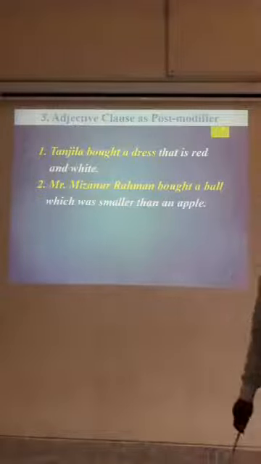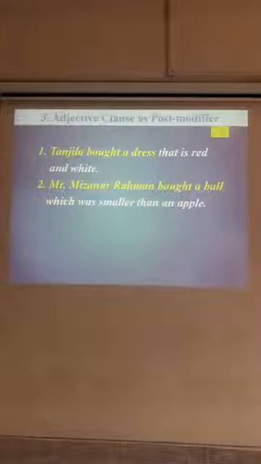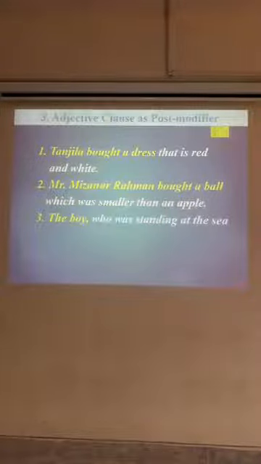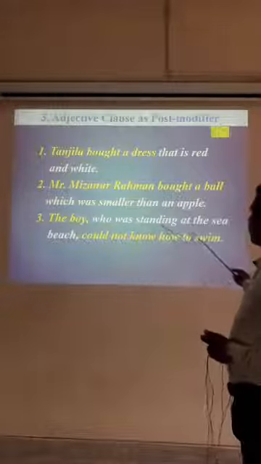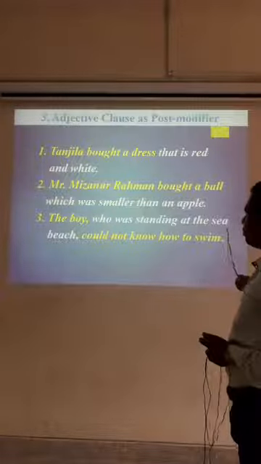Now number 3, we will see: the boy who was standing at the sea beach could not know how to swim. You can see the boy who was standing at the sea beach.